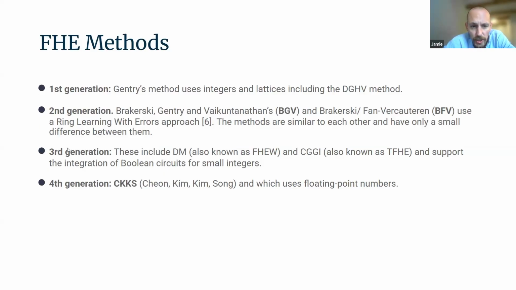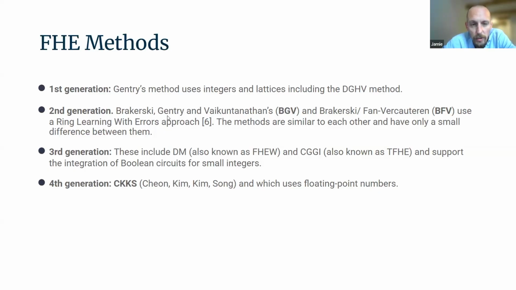The third generation versions of the algorithm again offer improvements over the earlier ones. It's probably not as noticeable and profound, but certainly when it gets to fourth generation, it's a different ability in the sense that it can support floating point operations.